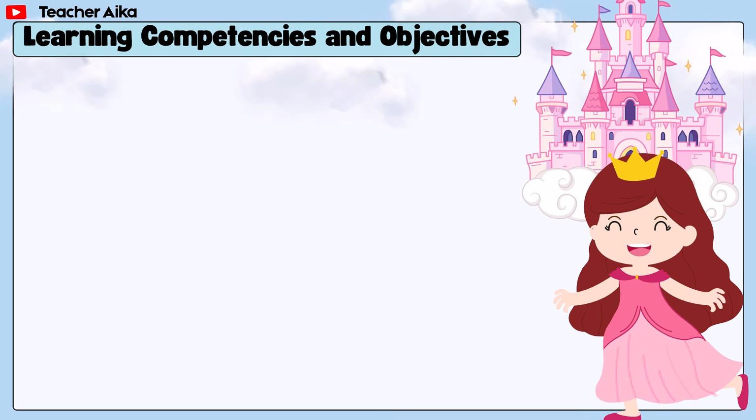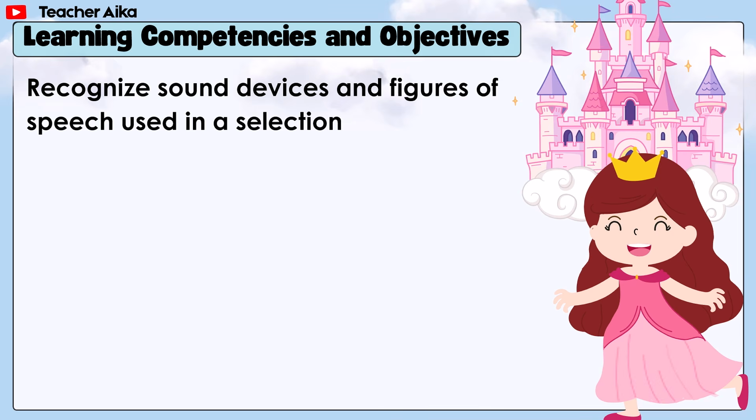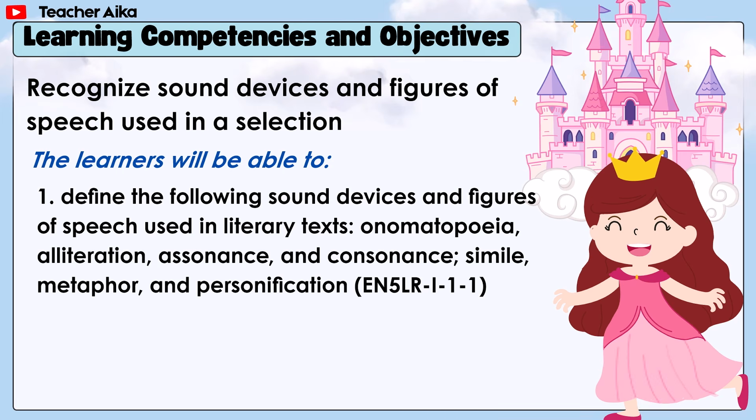Learning competencies and objectives. Recognize sound devices and figures of speech used in a selection. The learners will be able to first, define the following sound devices and figures of speech used in literary text: onomatopoeia, alliteration, assonance and consonance, simile, metaphor, and personification.